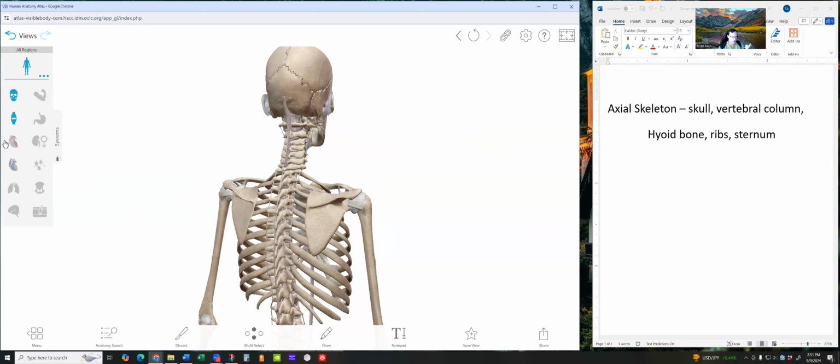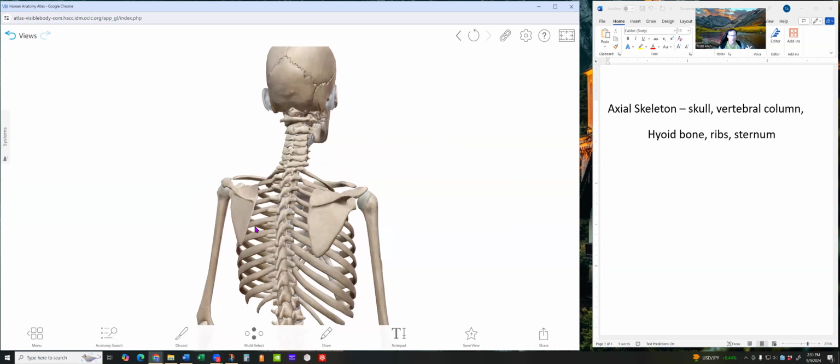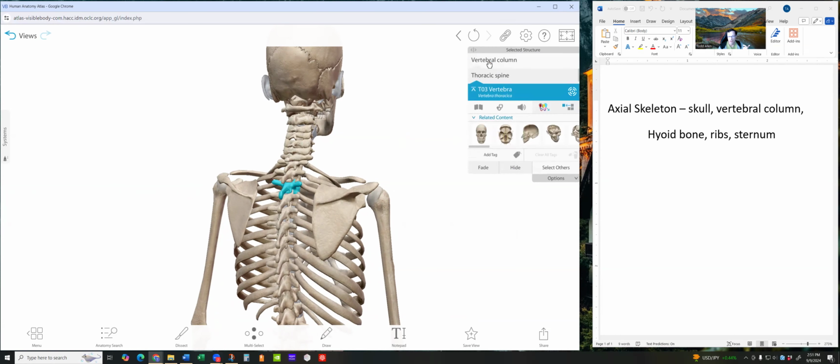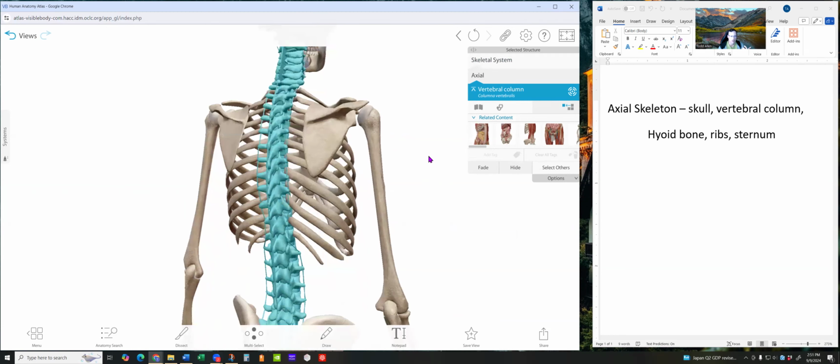If I go over to systems and I click the ligament button, what I want to do is get rid of all this connective tissue that's kind of blocking things. There we go. Okay, now go ahead and click any vertebra, and in the selected structure window, keep going up until you find the term vertebral column. Just highlight the vertebral column. Okay, there's your vertebral column.